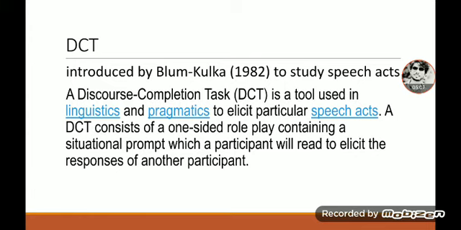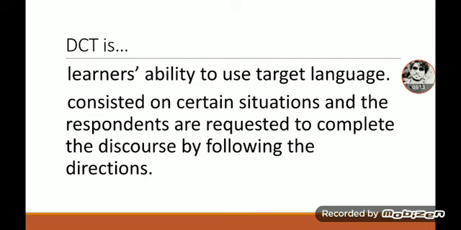So this response of the teacher is recorded in the DCT. DCT is the target language learner's ability to use the target language, how they use the target language.